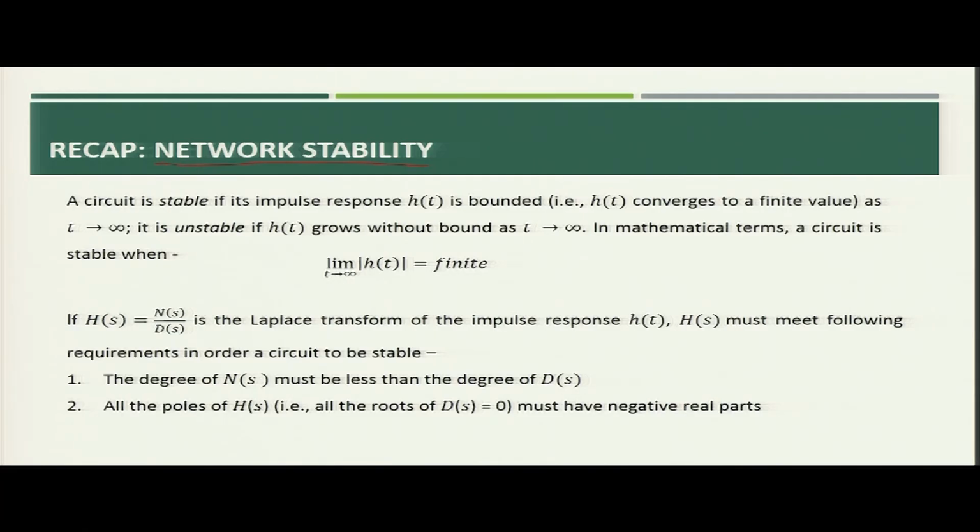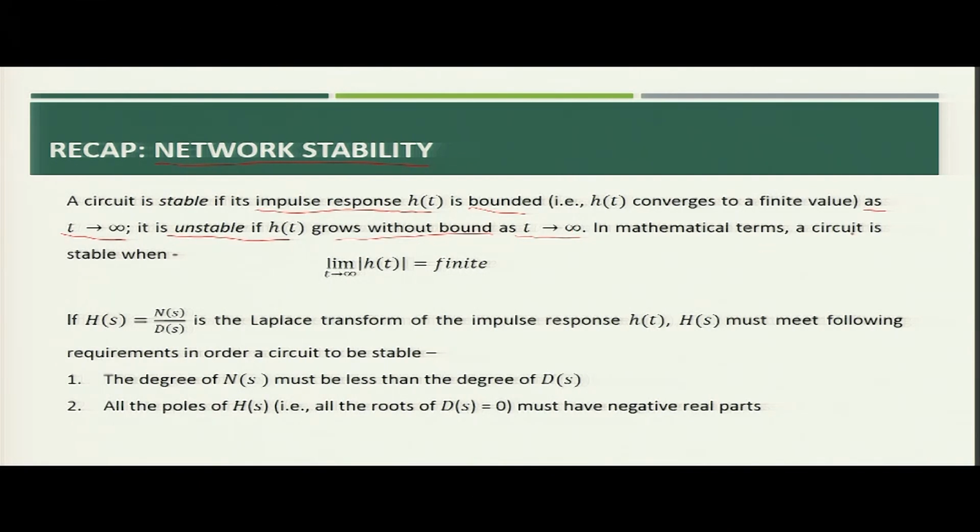What we discussed is that the circuit is stable if its impulse response, that is h(t), is bounded as time t tends to infinity. That means the impulse response will converge to a finite value when time t tends to infinity, and it will be unstable if h(t) grows without bound as t tends to infinity.